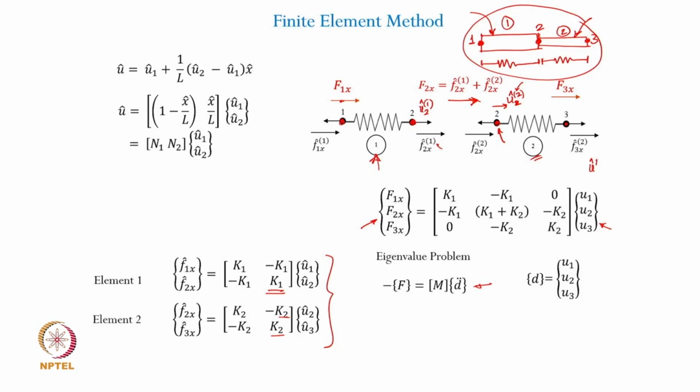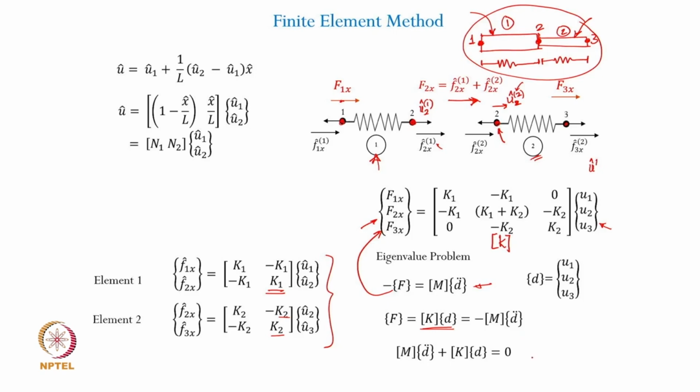Once we have this D defined as all the nodal displacements U1, U2, U3 and F itself representing the vector F1x, F2x, F3x, you can now write this as equal to the force, which we know is actually K times the displacement, the global stiffness matrix here, which is going to be this K times the nodal displacement D vector.